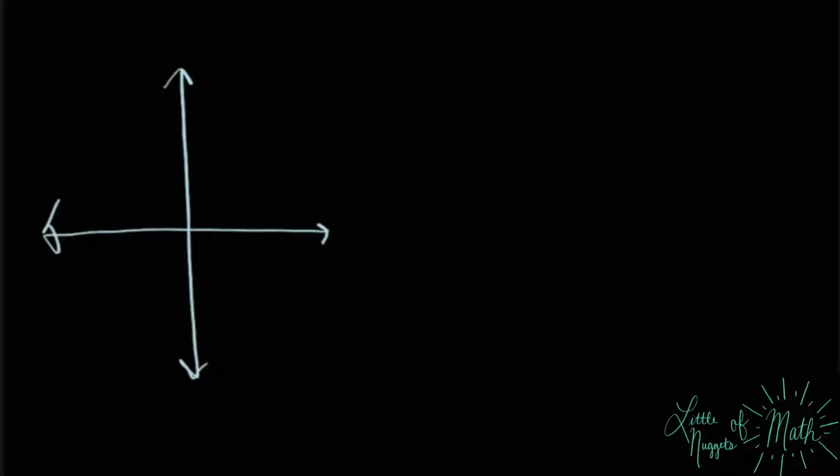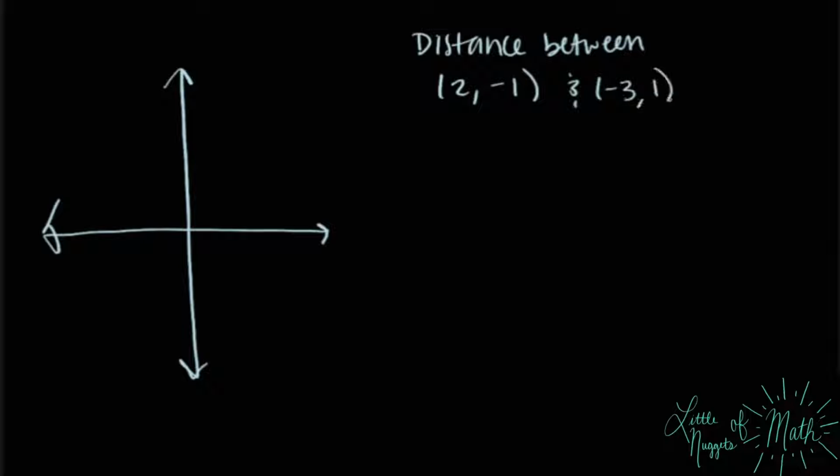If I asked you to find the distance between 2 points, let's say (2, -1) and (-3, 1), how would we do that? Well, let's start by plotting the points.